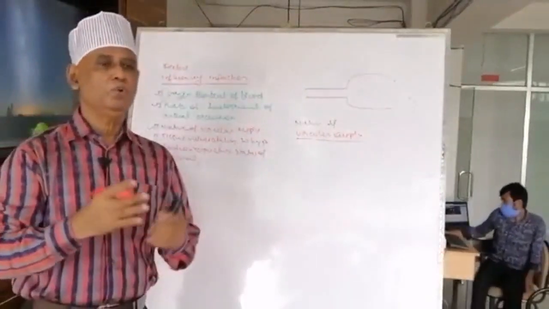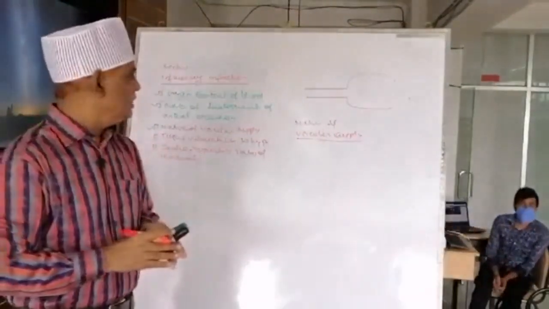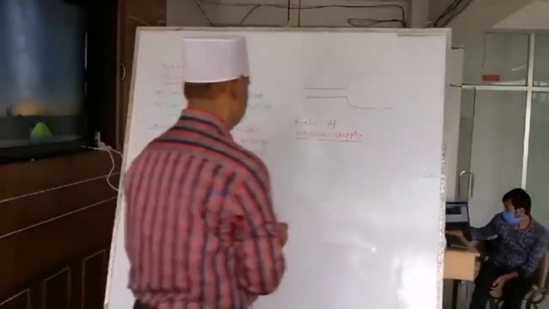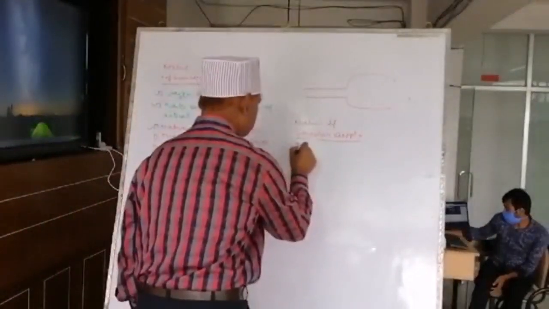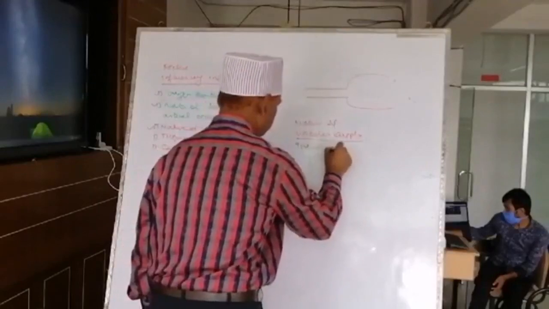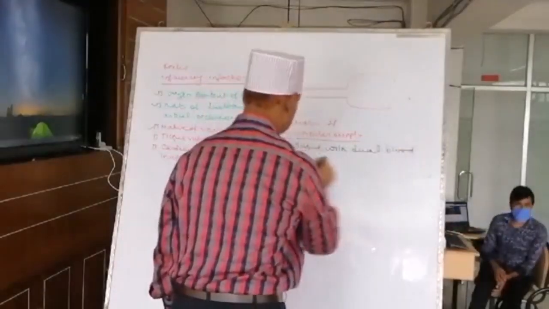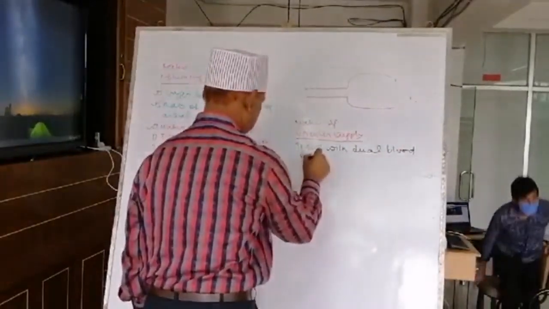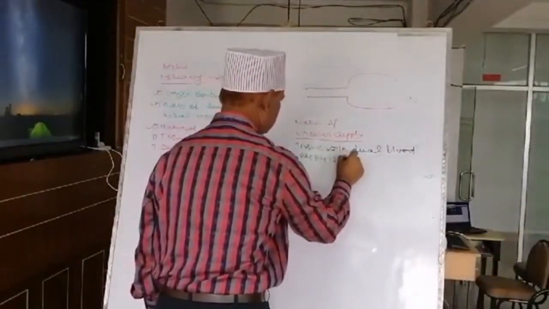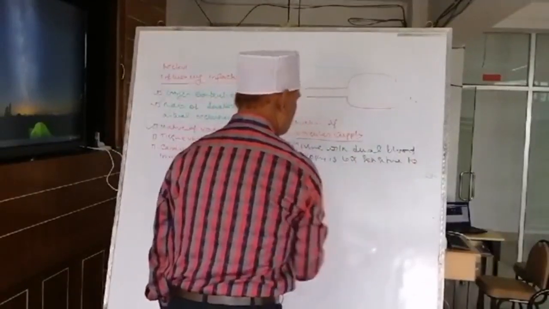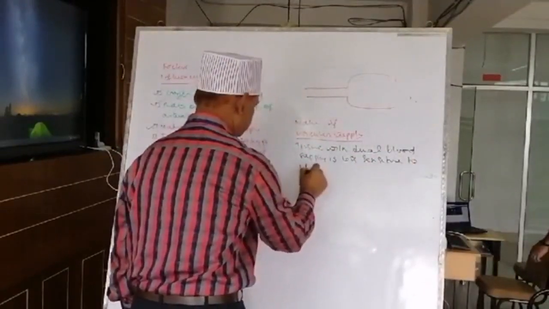So the tissue with dual blood supply is less sensitive to infarction.